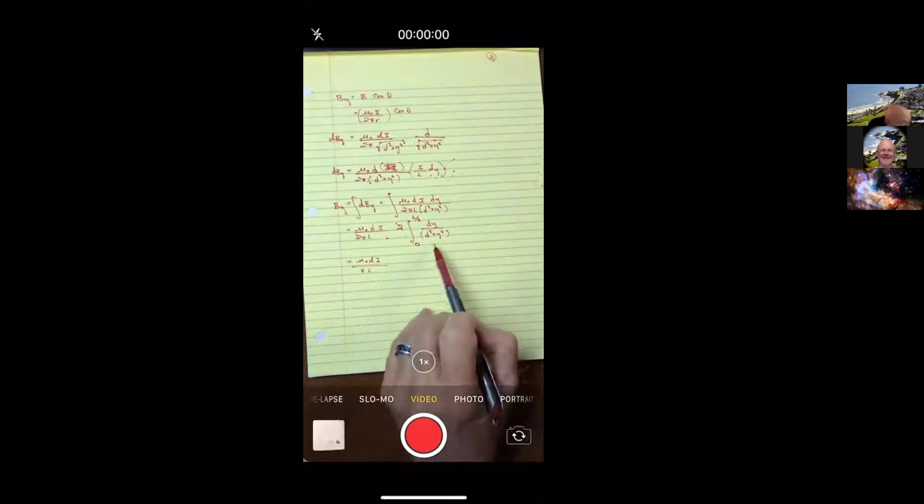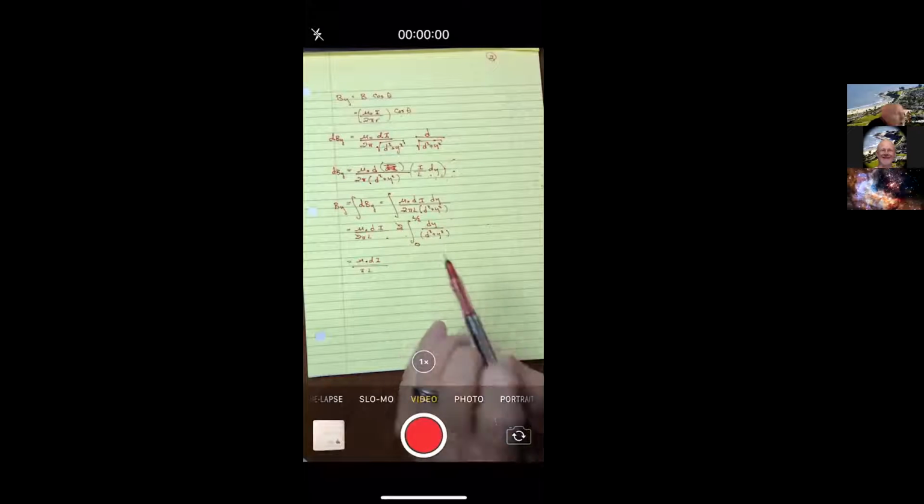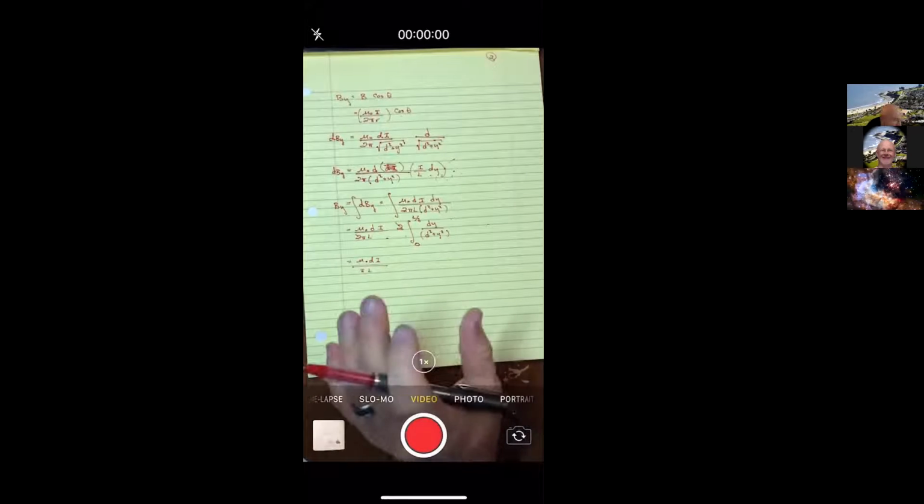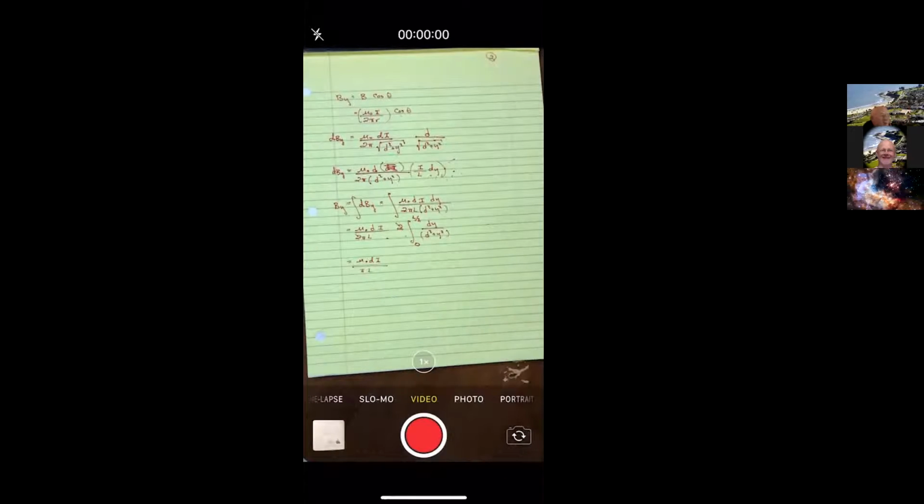And then sadly, this one is screaming at me U-sub. So let me pause and say, definitely on a test, don't go all the way through and try to do a U-sub on this. Let me go to the textbook here and go to the end of it, Appendix B, where we do the mathematics.